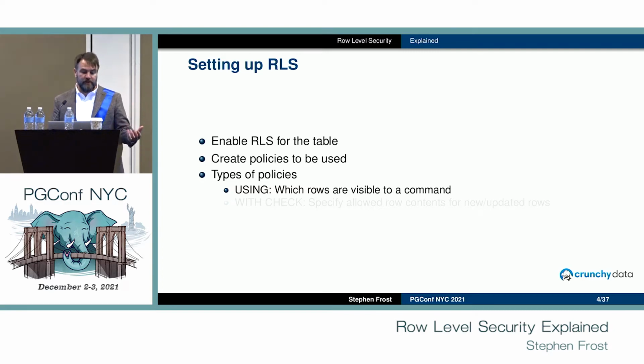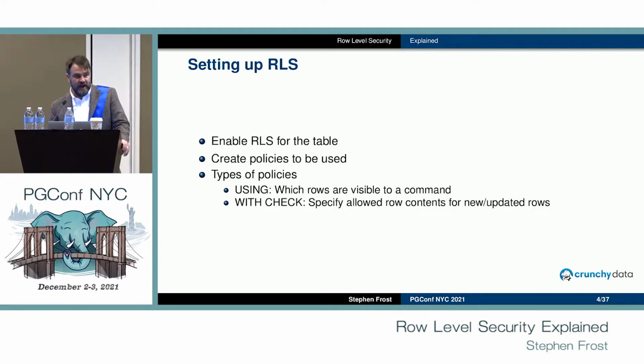The using expression says what rows in this table are visible to whatever the executing command is. And we'll talk a bit more about that later. The with check expression says what rows, or what data in the row, is allowed to exist in either new rows or the result of an update statement. Okay, so the using clause and the with check clause.